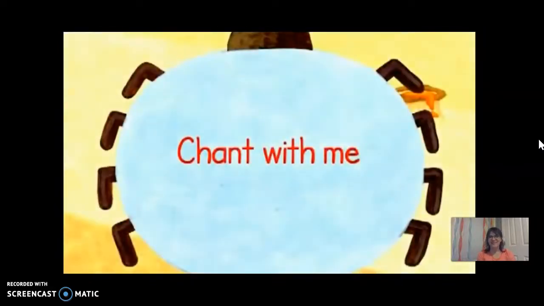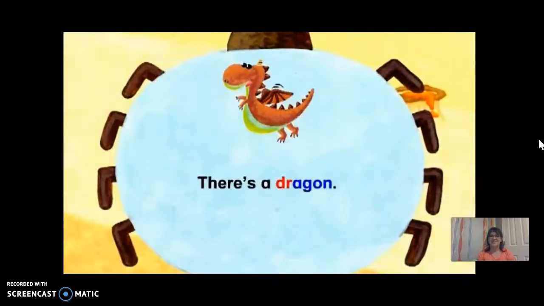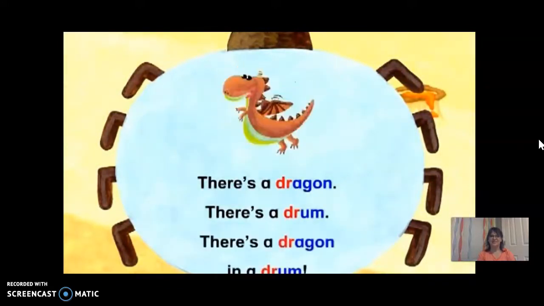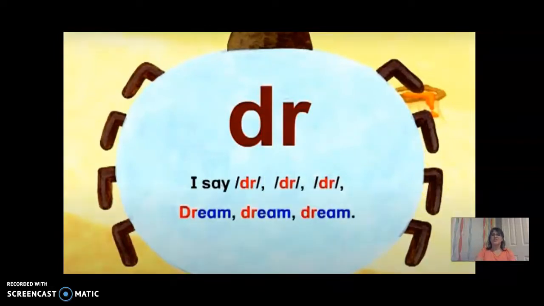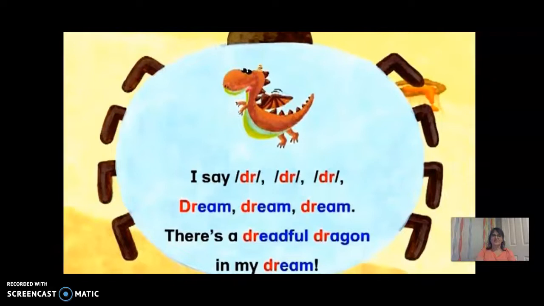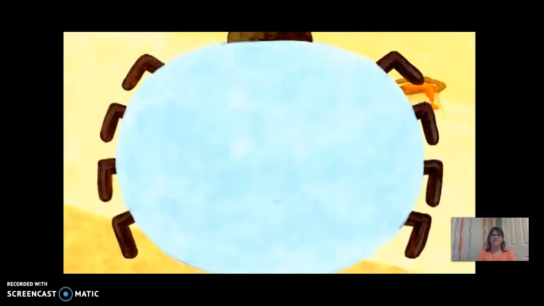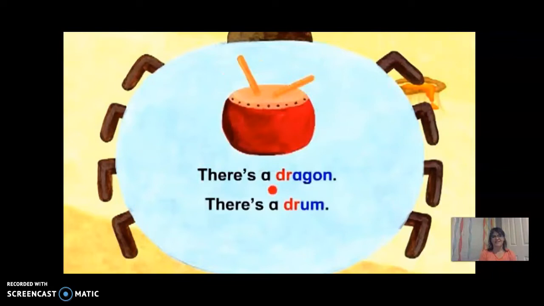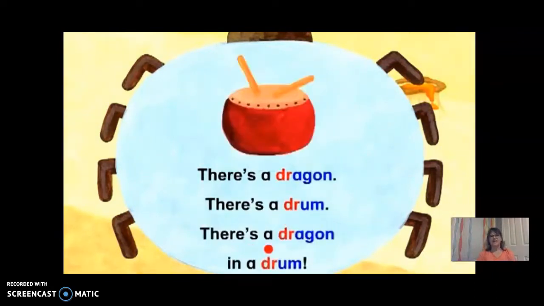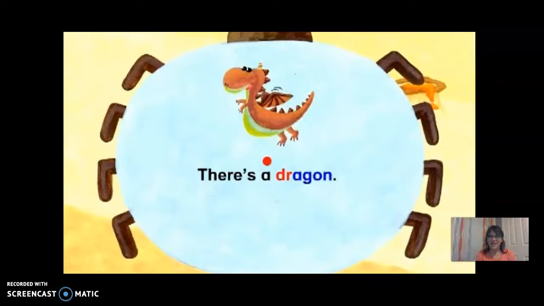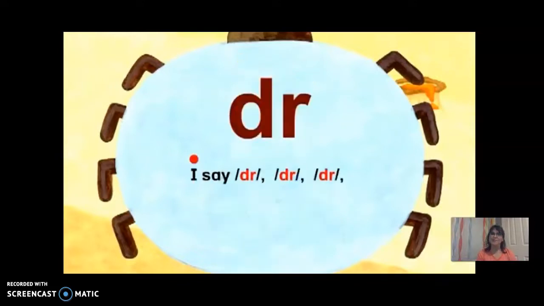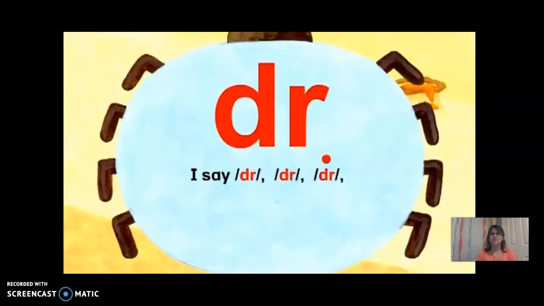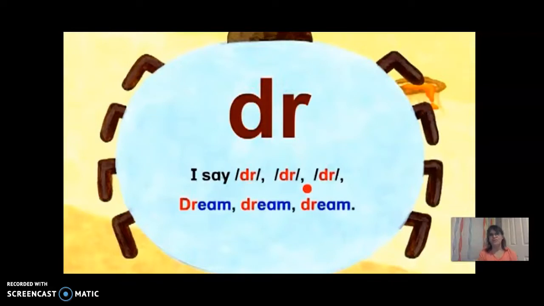All right, ready? Chant with me. There's a dragon. There's a drum. There's a dragon in a drum. I say trees. There's a dreadful dragon in my dreams. There's a dragon. There's a drum. There's a dragon in a drum. All right, your turn. There's a dragon. There's a drum. There's a dragon in a drum. I say dreams.